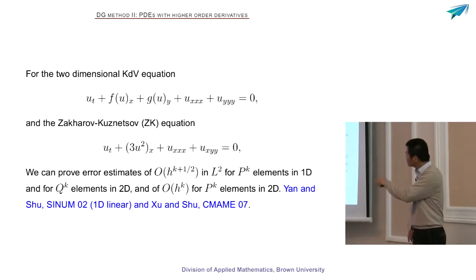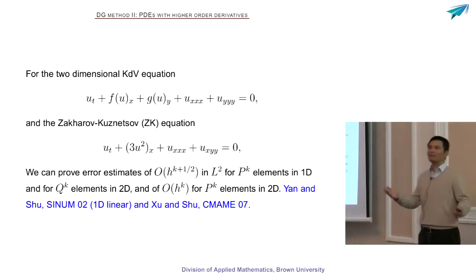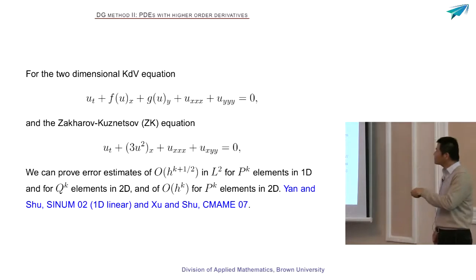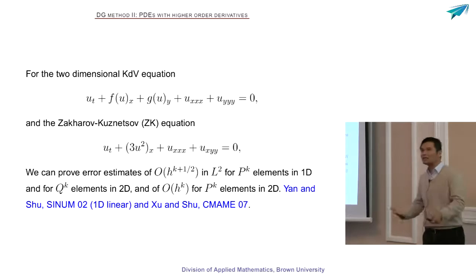Even though it's mathematically pleasant, you can do the one-dimensional thing directly. The physical KdV equation is multi-D. For example, one of them is this ZK equation, and you can do similar things. For example, you can get LDG methods for these equations, which are stable and with convergence proofs. In these papers, we have done this.